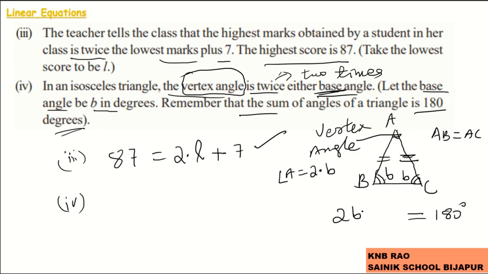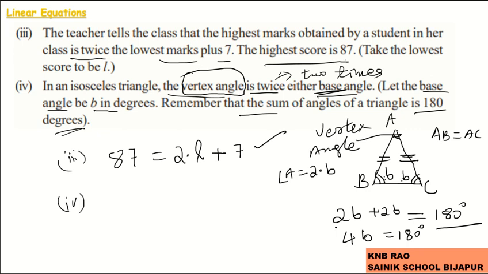So, 2B, we have got B plus B, 2B plus 2B, giving you 180 degrees, or 2B plus 2B is 4B, which equals 180 degrees.